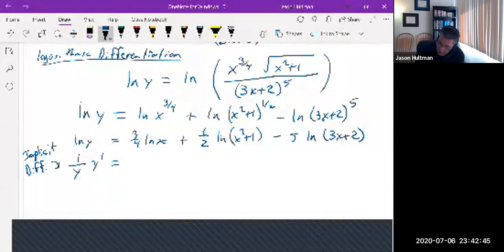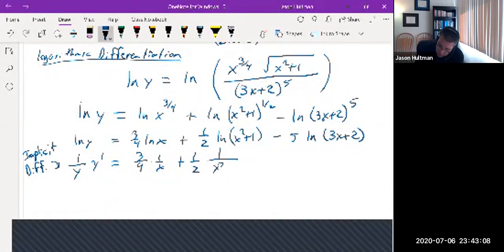Okay, and so now let's do explicit differentiation on the other side. So 3/4 natural log of x. Well, isn't that just 3/4 times 1 over x? Right? Okay, what about the next one here? This is going to be plus 1/2 times, we want to take the derivative of this thing.